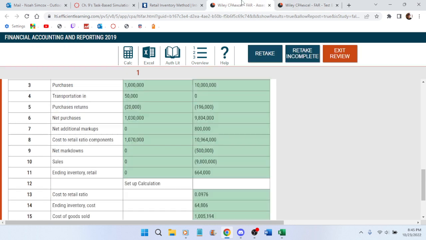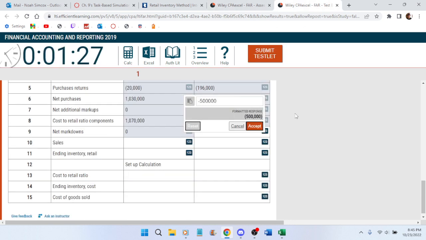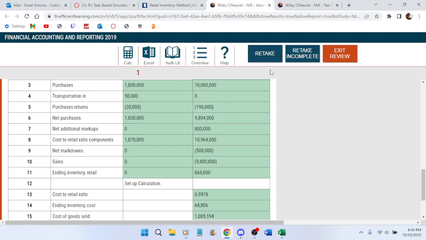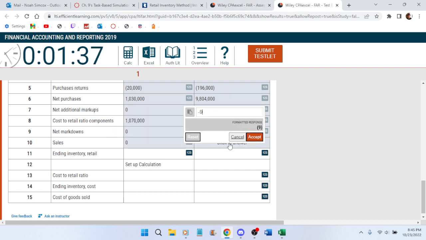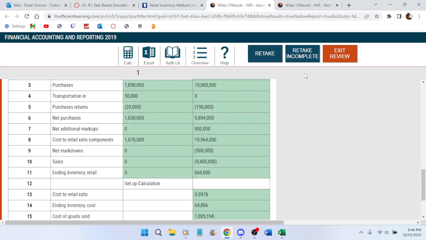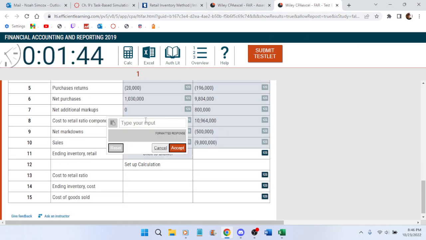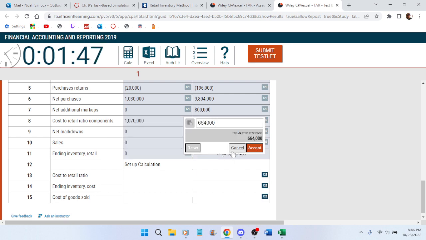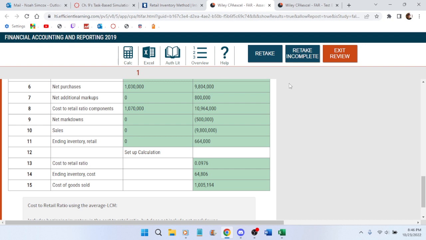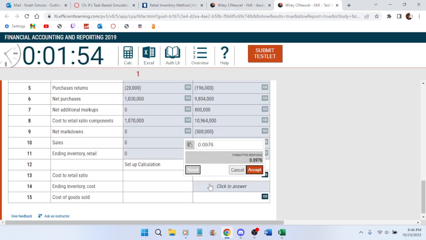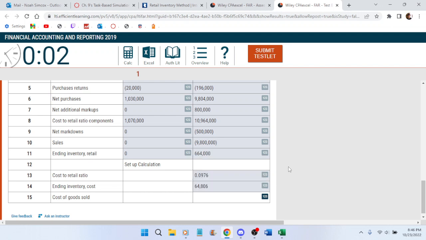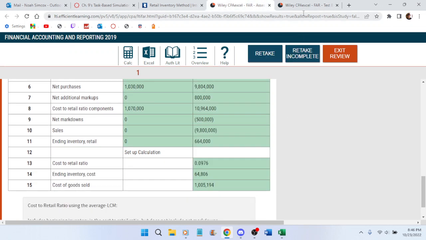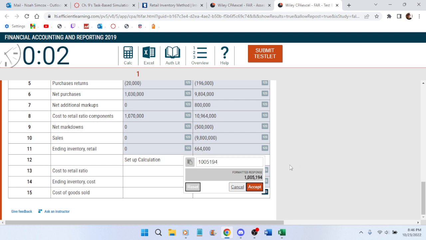Or negative 500,000. $800,000. $664. $0.0976. 64,806. 1,005,194. $1,005.